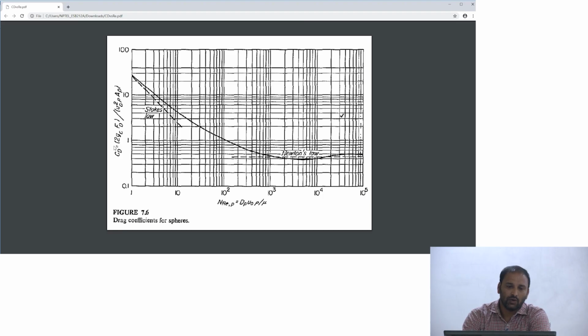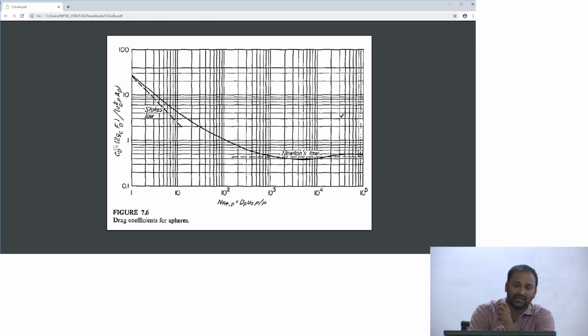There's a case at low Reynolds number where there's basically a line with a constant slope. This is what we exploited in some of the previous examples, where we wrote CD to be 24 by Reynolds number.